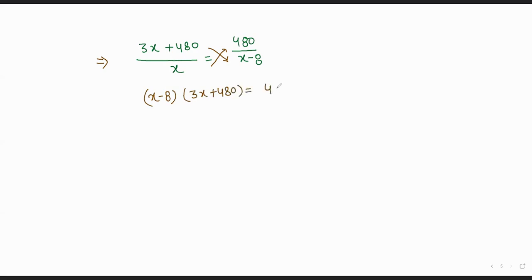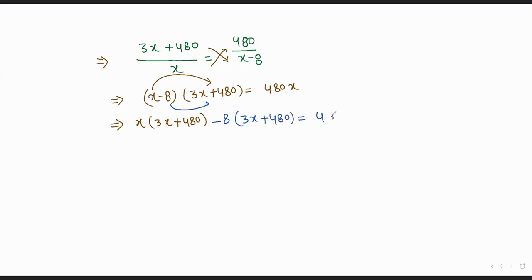So it is 480x. Now we can solve this, it is easy. It's just the multiplication. So let's take the first term, then we can multiply the second factor, that is minus 8, with 3x plus 480 equal to 480x.